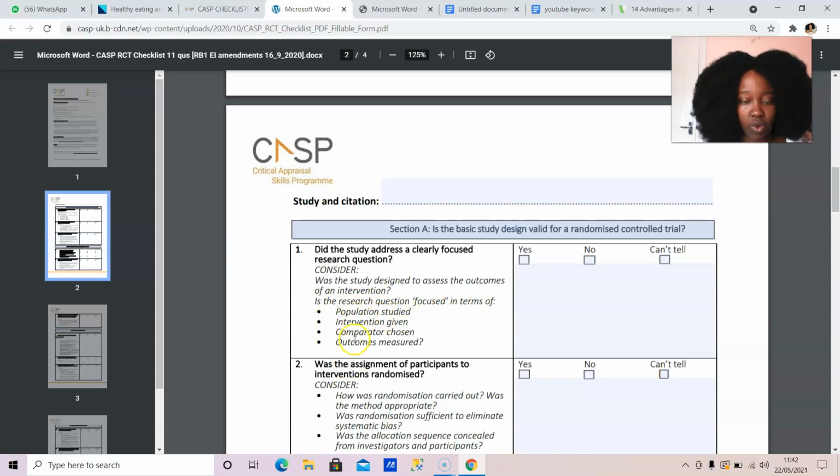That's your PICO. So yes, what we would say is yes, the study tried to address a clearly focused research question. You pick out your research question from that.